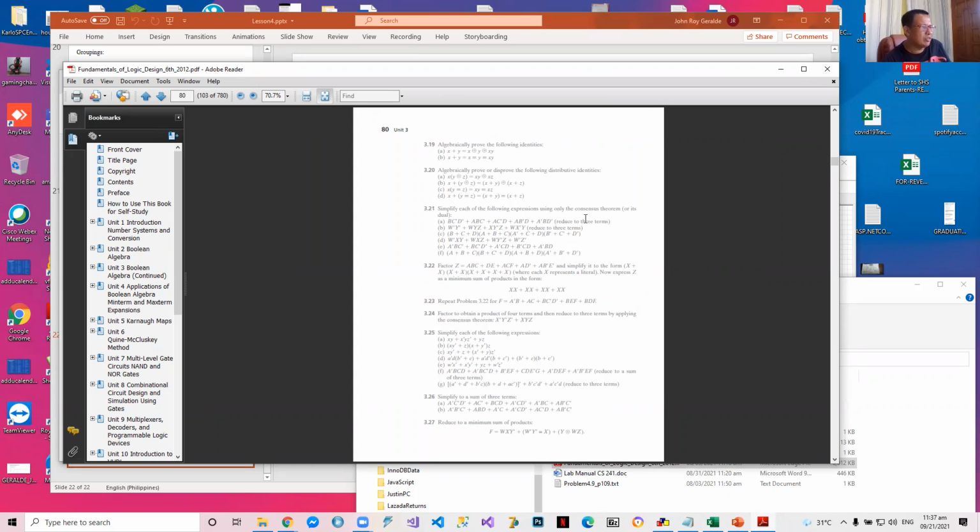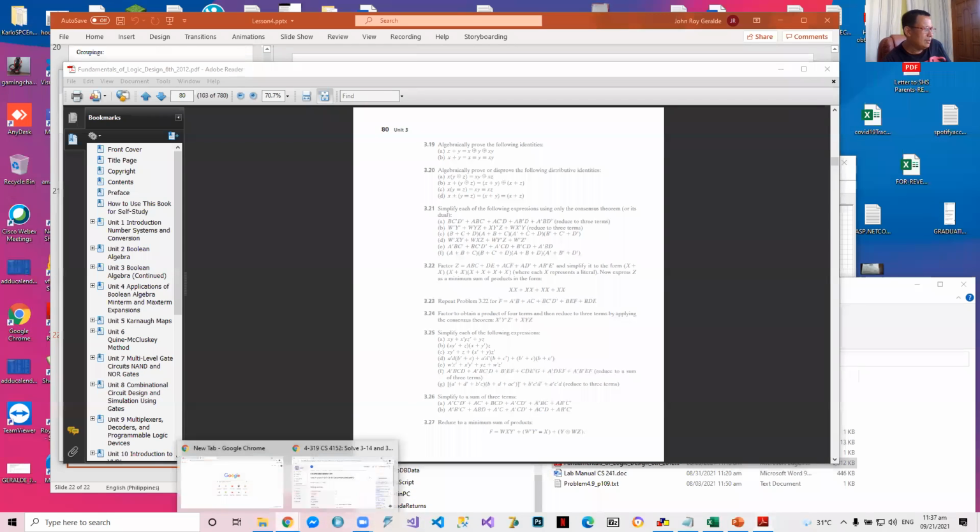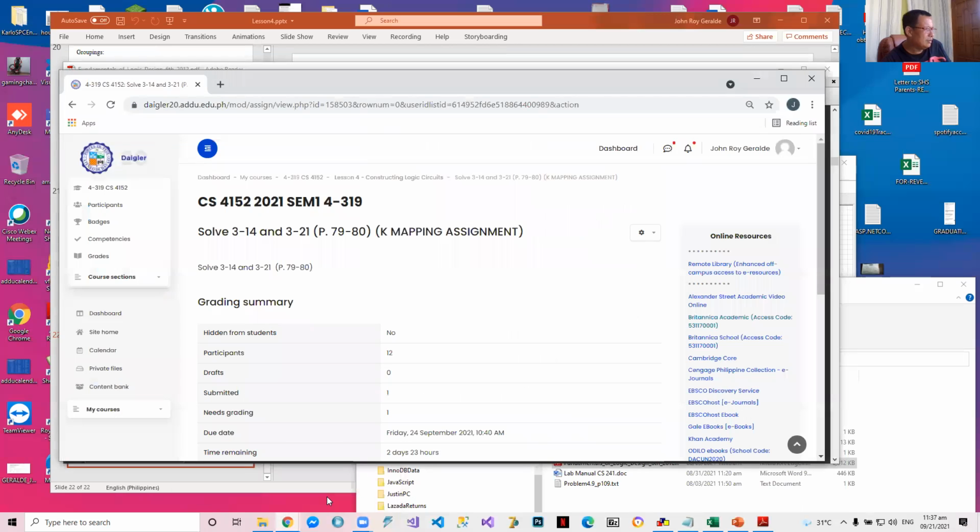Don't use the consensus theorem. Do you follow? 3-14 pala, hindi 3-19. Okay? 3-14 and 3-21. Okay, can you solve this yourself?